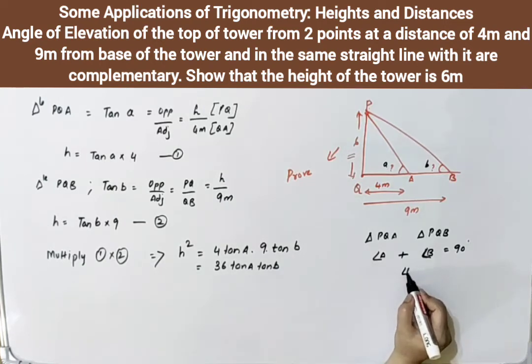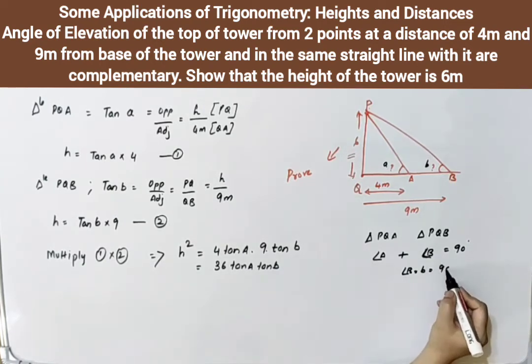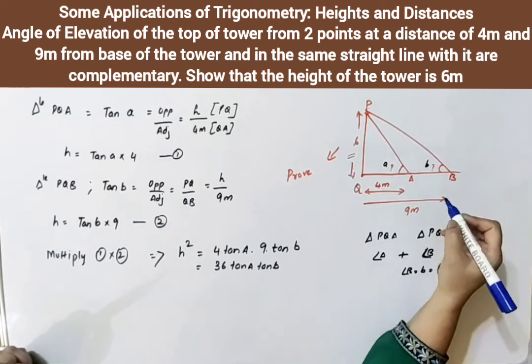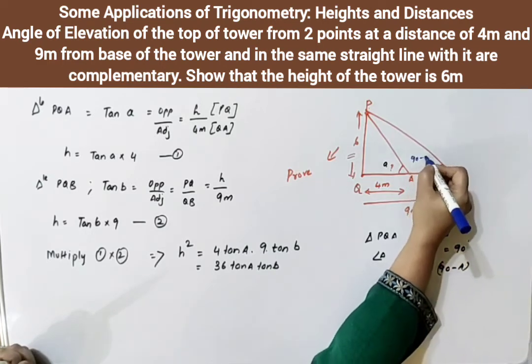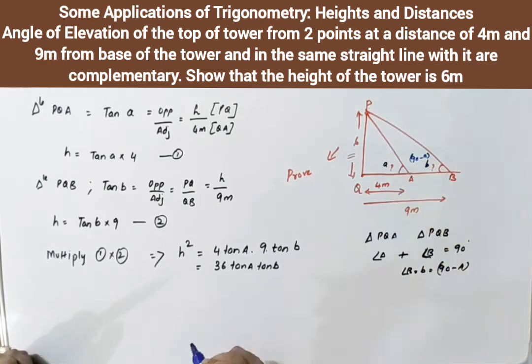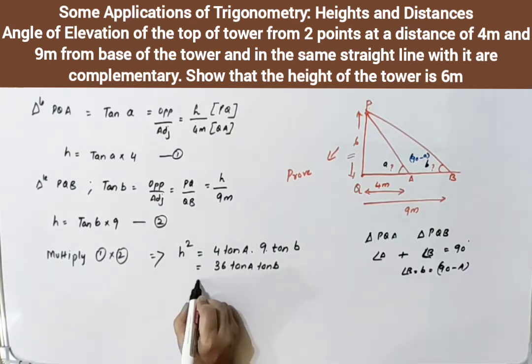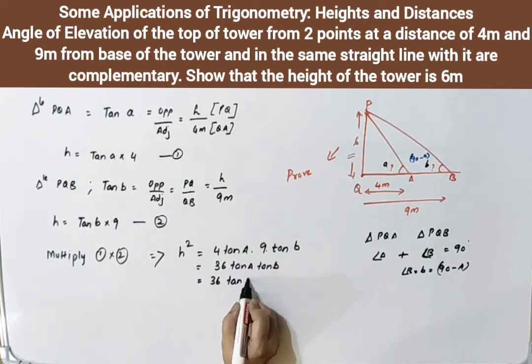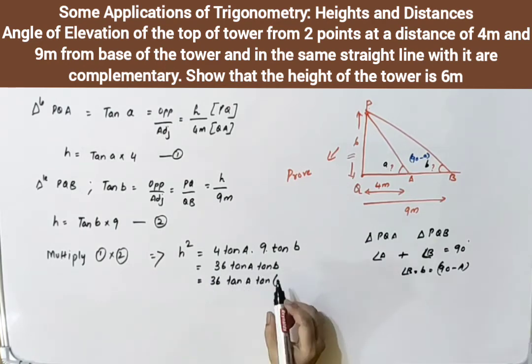So angle B is going to be 90 minus A, because both the angles are stated as complementary. So we'll keep tan A just like that, and we will write tan B as tan of 90 minus A.